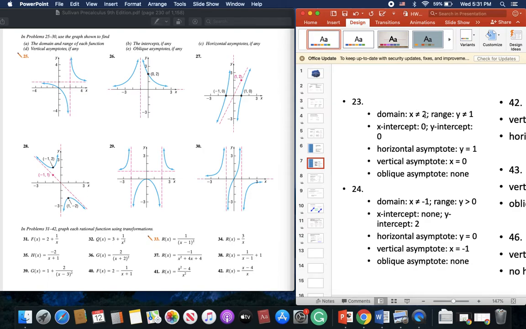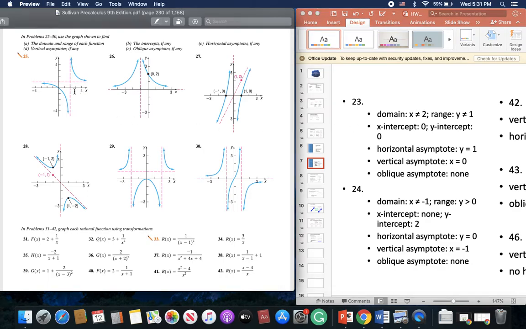And the range is at y equals 1. So the range will be all real numbers other than 1. Y is not equal to 1 means the range is all real numbers other than positive 1.